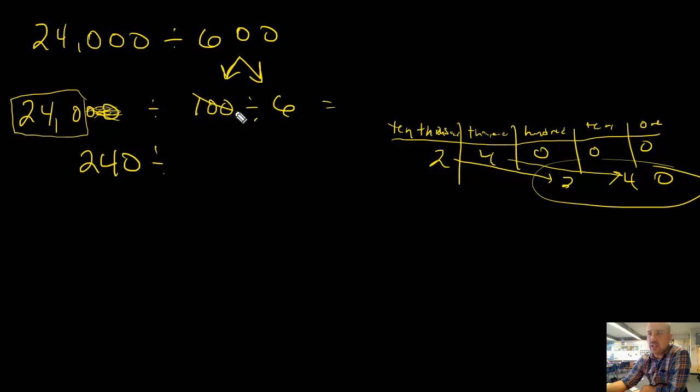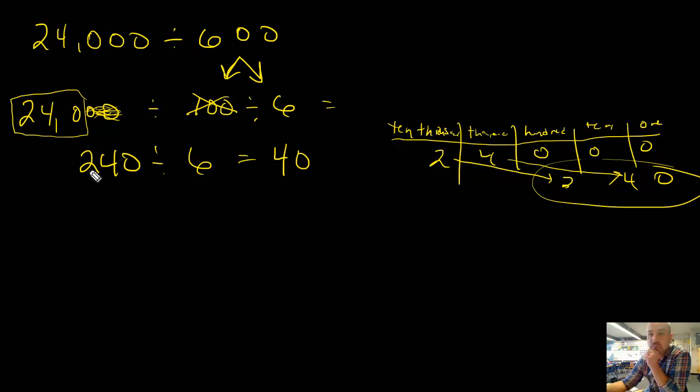So now I did the divided by 100, so now I just need to divide it by 6 to find my quotient. Well, 24 divided by 6, I can count by 6s: 6, 12, 18, 24, and this gives me 4. And then I have my 0, because it's kind of my 60s, right? 60, 120, 180, and then 240.